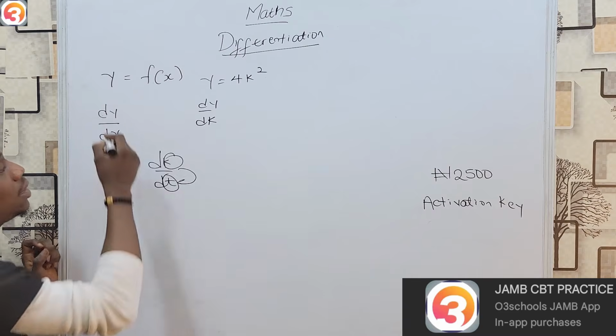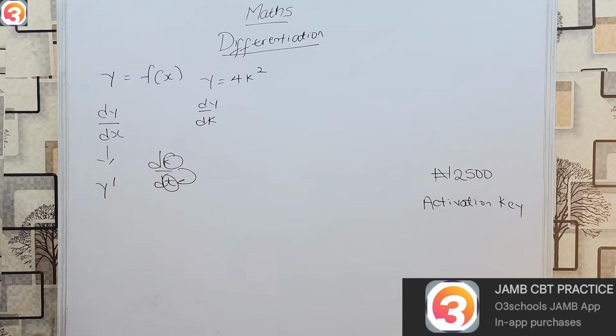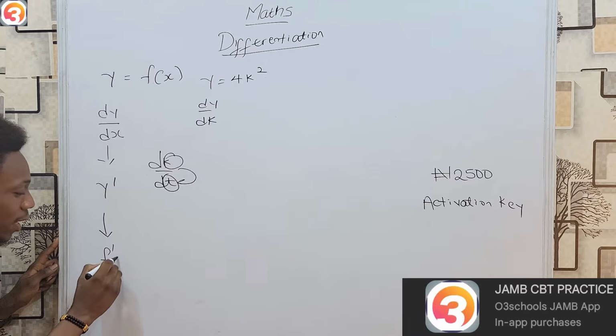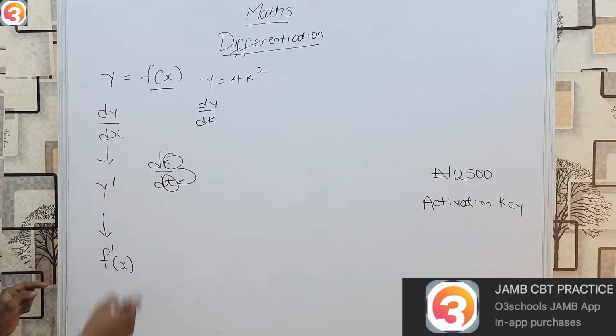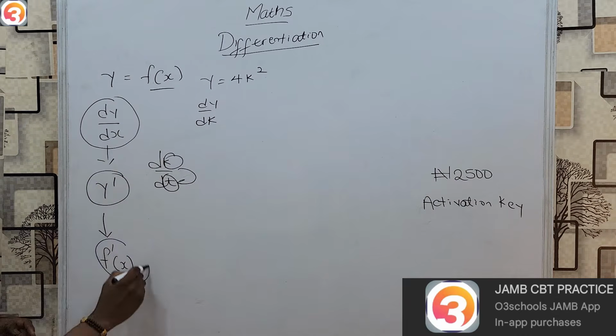Please note that this could also be rewritten as simply y prime. This is the same thing as finding the derivative, and could also be written as f prime of x, because y was equal to f of x. So any of these three, they all mean the same thing.